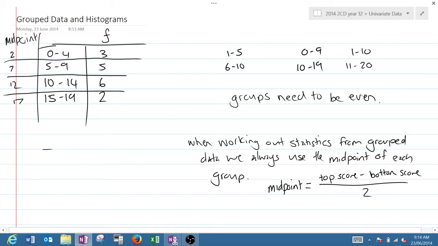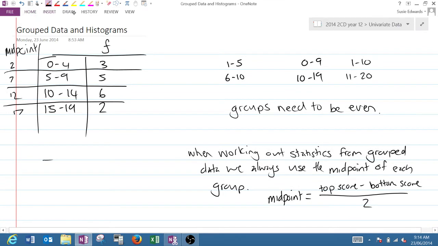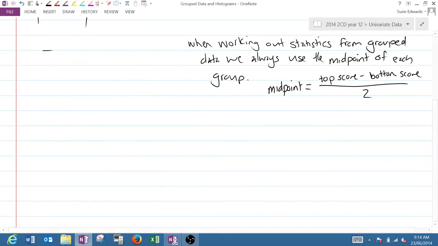So just a last bit on this, we will try and find the mean, mode, median from group data, just to make sure we understand. Just make sure you leave a gap down the left hand side so you can do a midpoint, okay?